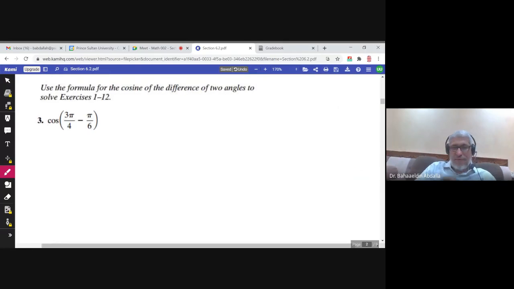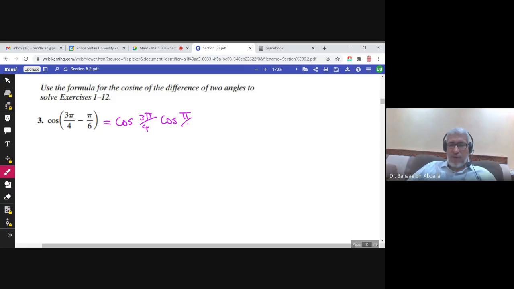Another example, use the formula for the cosine of the difference of two angles to find cosine of 3 pi over 4 minus pi over 6. Well, what is the formula? Cosine 3 pi over 4 times cosine pi over 6 plus sine 3 pi over 4 sine pi over 6.